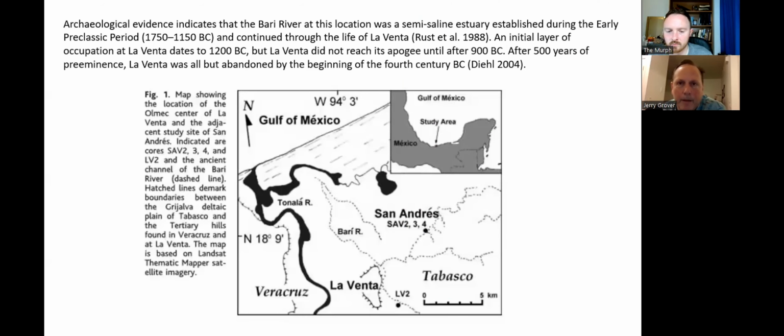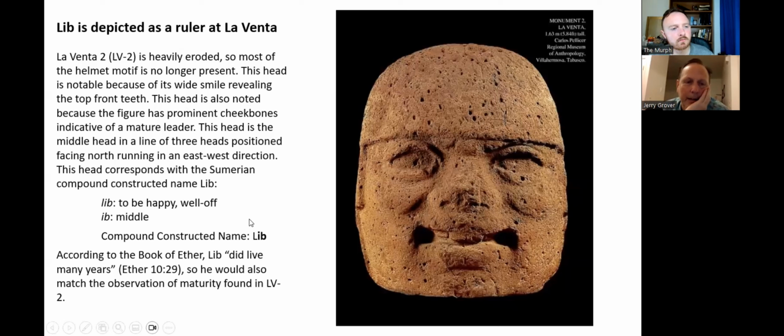It's located next to an estuary of the ocean, so it basically matches the sea divides the land concept down here. And they have four of these colossal heads there, and it actually matches the number of leaders you would expect.